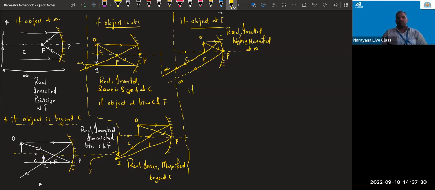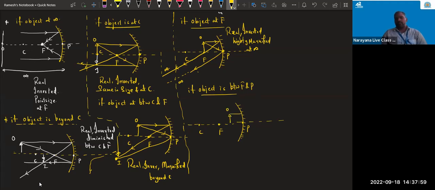Now next one, if the object is in between the point of focus and pole. It is a peculiar case in concave mirror. Pole, point of focus, center of curvature. Where did I place it? Here somewhere, no? Object.